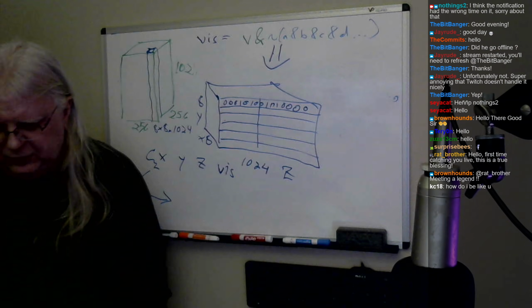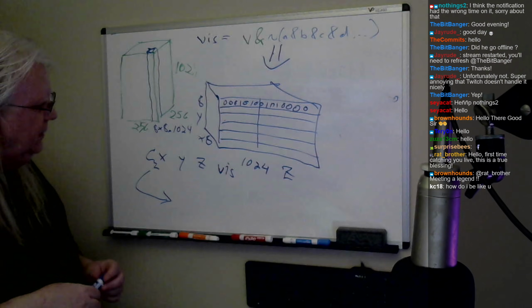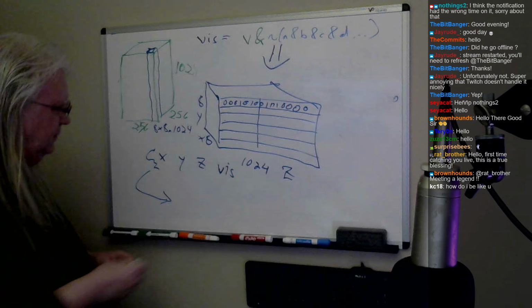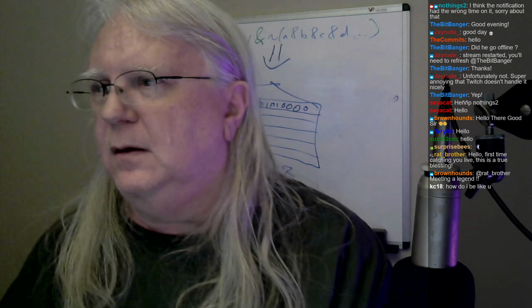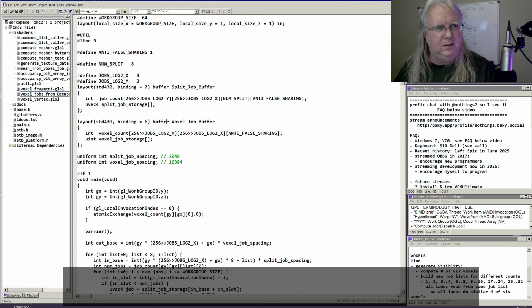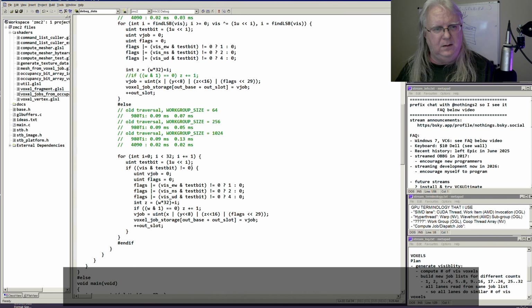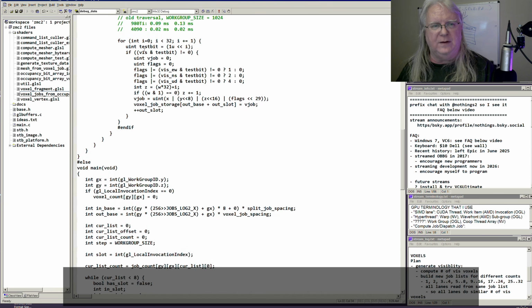So what we want to do, let's go back to the code for a second. So here's an example of what the logic for this looks like for how to process one of these things.